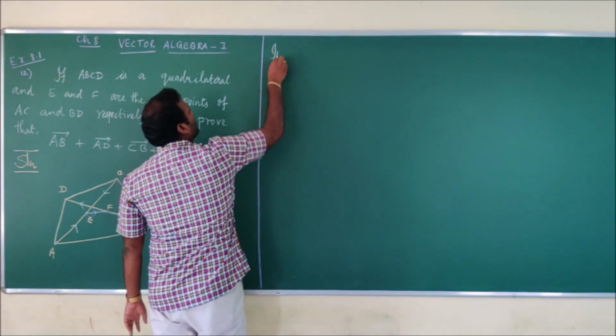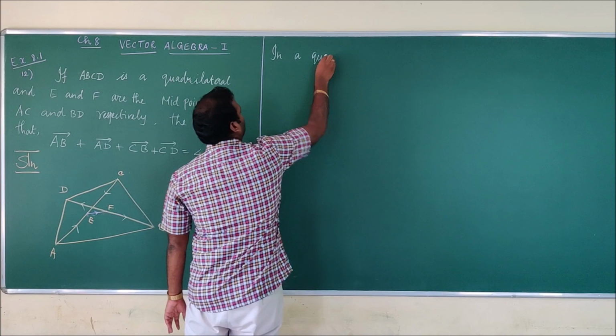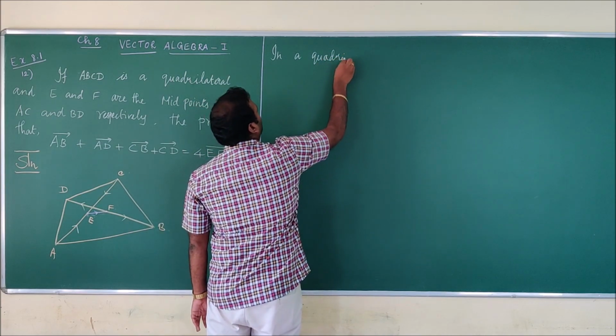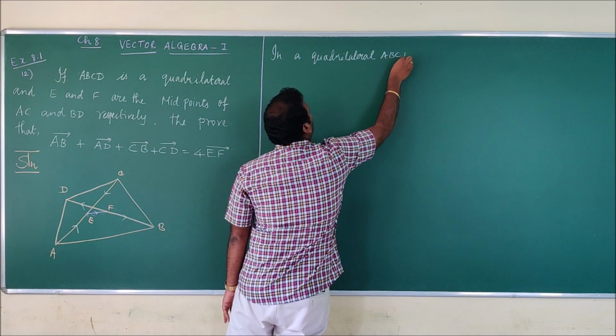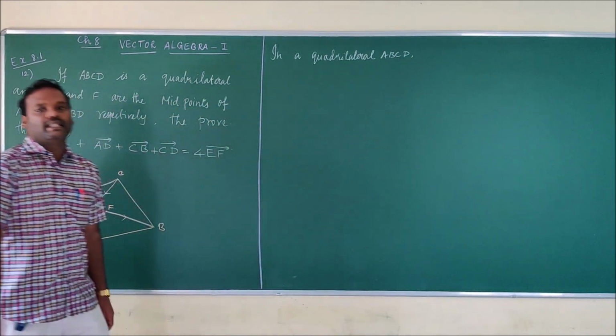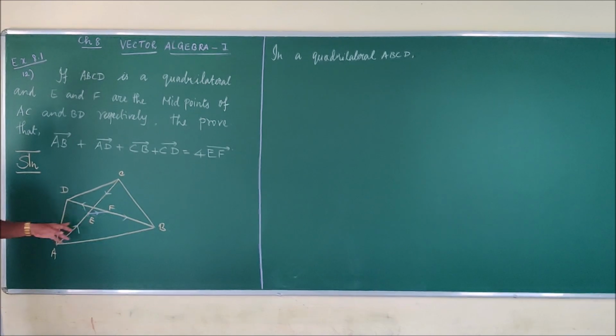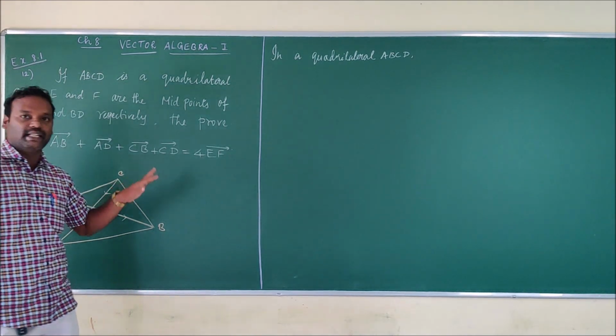First, in a quadrilateral ABCD, the information we have is that AC and BD are the diagonals.